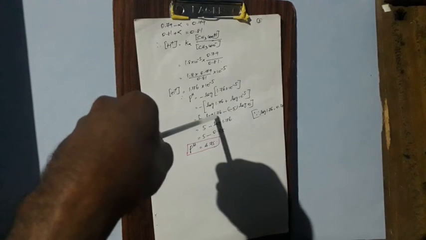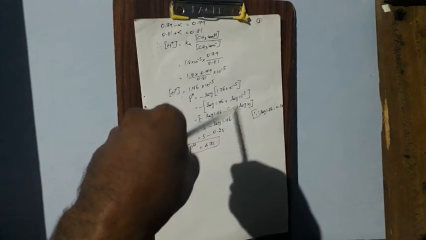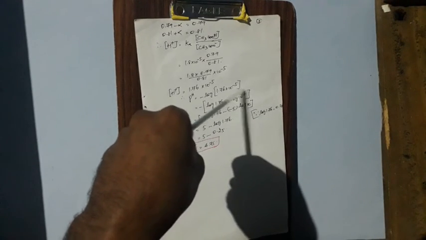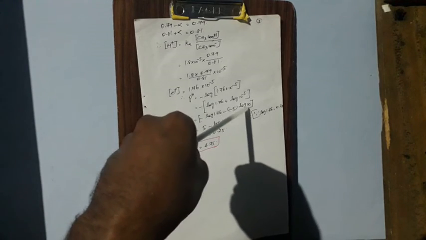Minus log 1.76, and the power minus 5 is written before log 10.